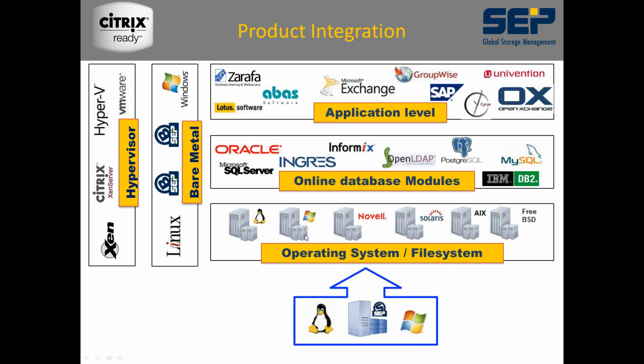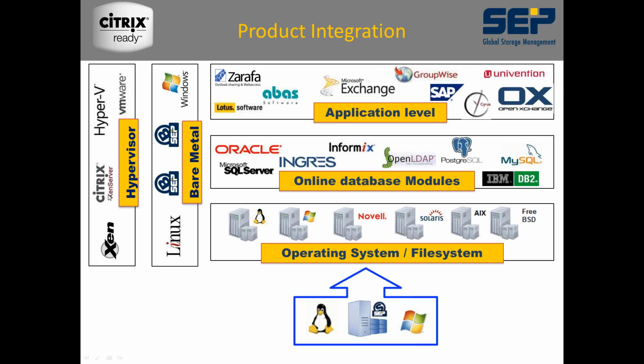It's pretty inclusive, but this is just a short list of everything that we can back up. Online database modules that can run on top of that, the application level apps that we have modules we can talk to, we know how to back them up directly. And then if we go over to the left, we have APIs for all of the hypervisors.